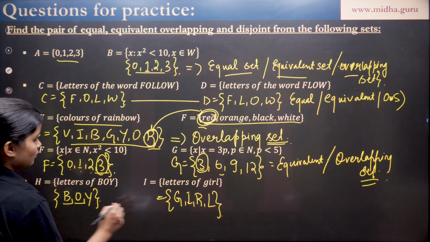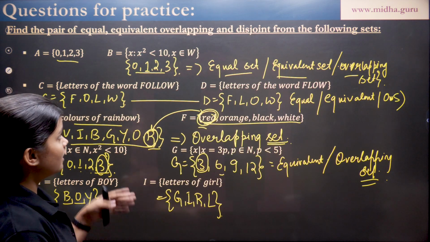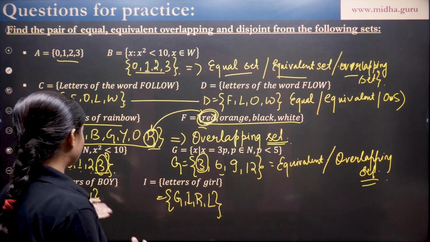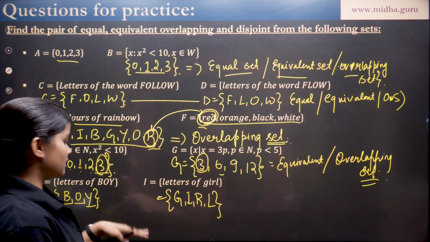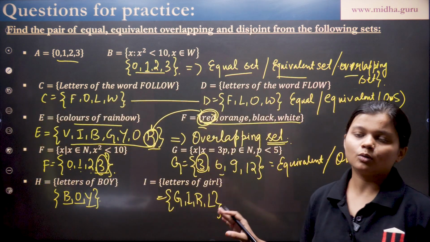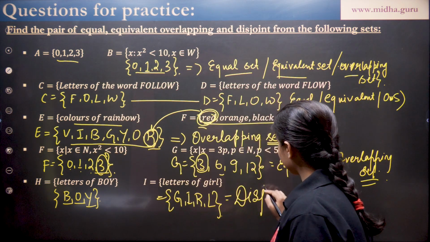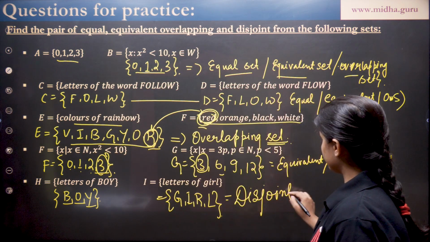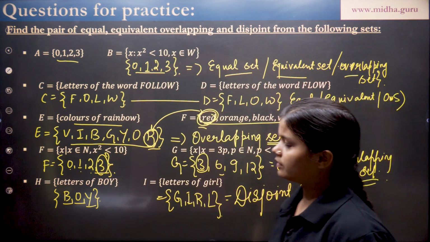B not present, O not present, Y not present. This is not an equal set, neither an equivalent set nor an empty set, and neither an overlapping set. It is not equal, not equivalent and not overlapping. So this is an example of a disjoint set. No elements common.